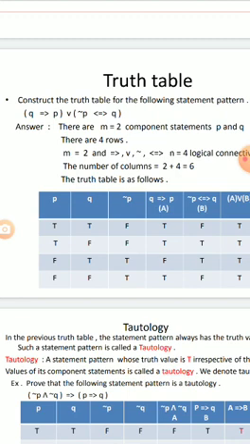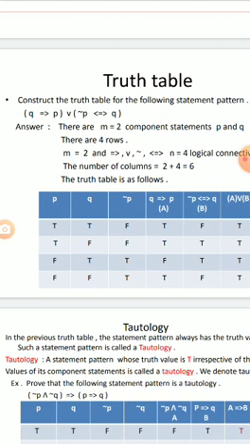So in the first bracket we have one logical connective, then there is the middle one, or, and in the second bracket we have two logical connectives, not and if and only if. Thus there are four logical connectives and two component statements.